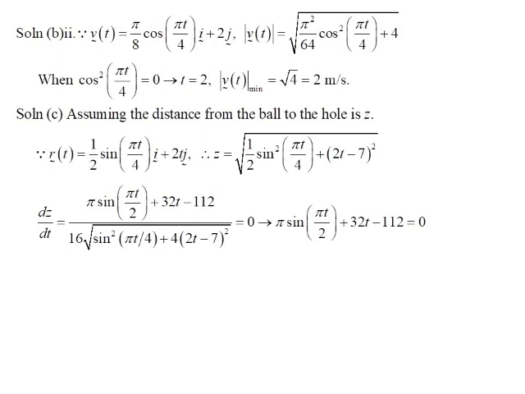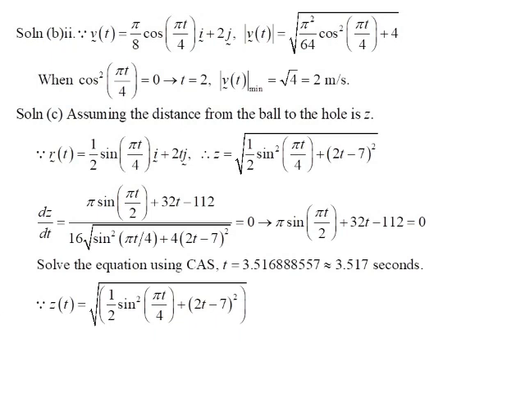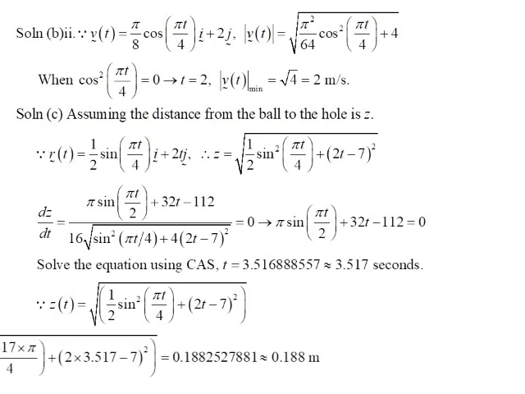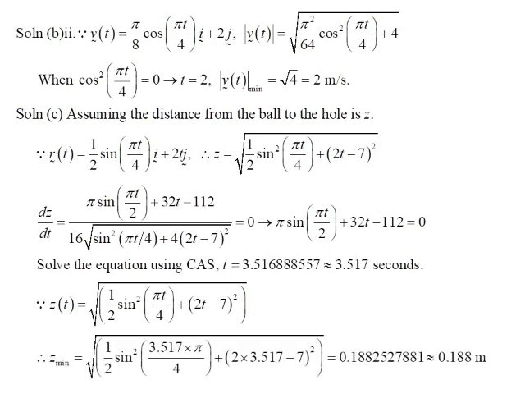After being equated to 0, the value of t is calculated using CAS calculator, which approximately equals 3.517 seconds. Substituting the value of t into the expression of z of t, the minimum distance from the ball to the hole is obtained, which approximately equals 0.188 meters.